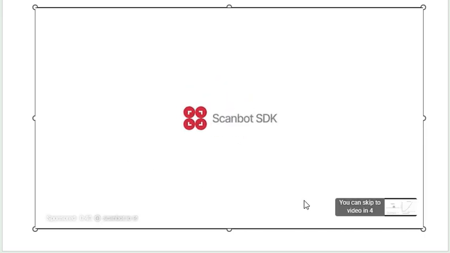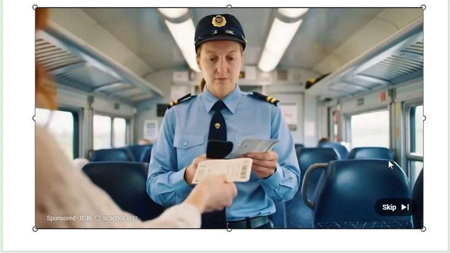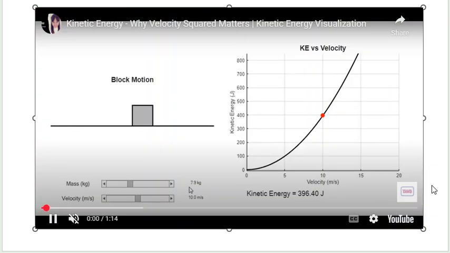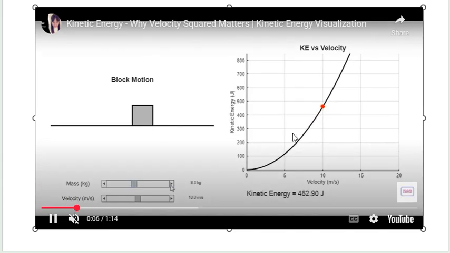Now we're going to look at the visualization for your KE variables in the mathematics relationship here. Let's skip this. We have a block here, and we're looking at kinetic energy versus velocity.